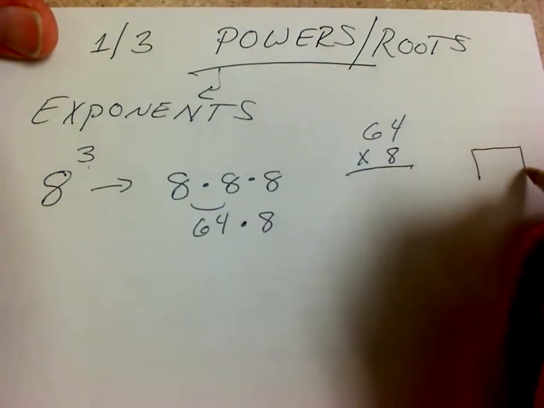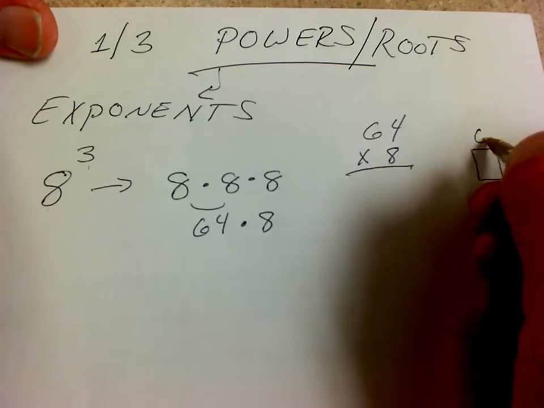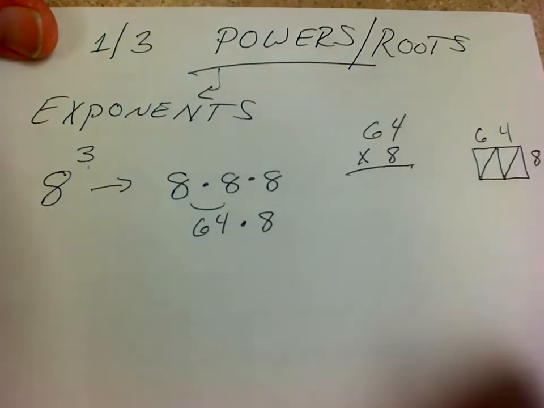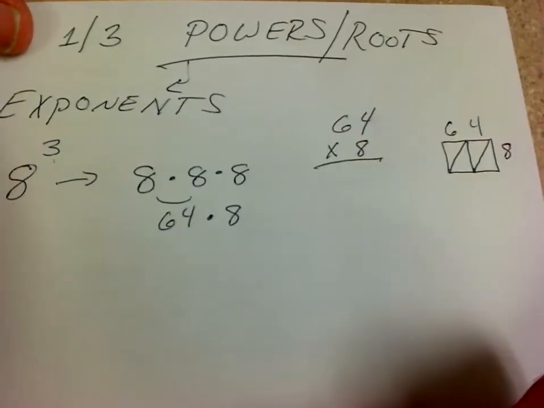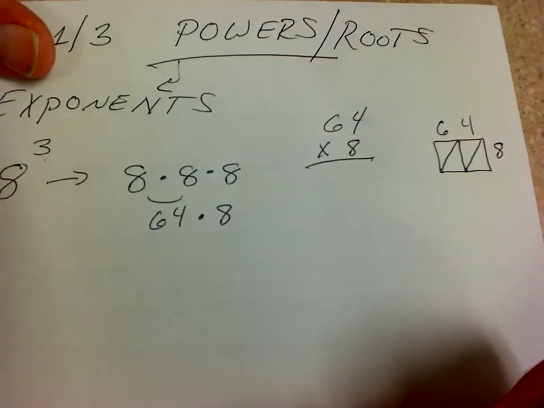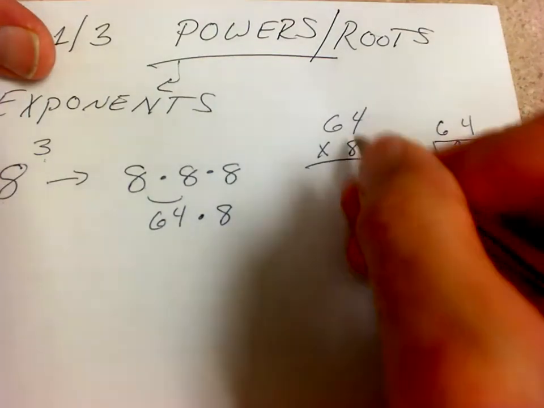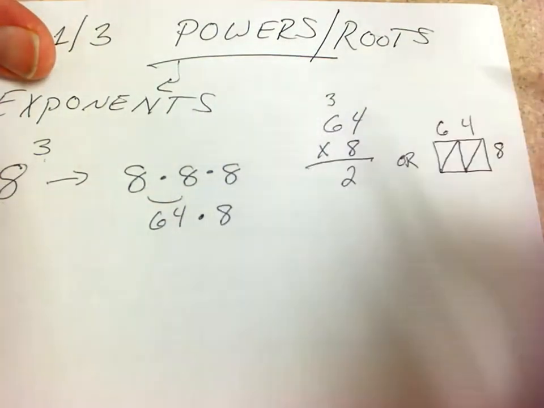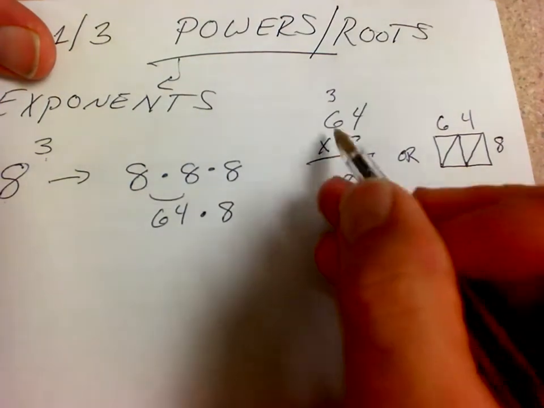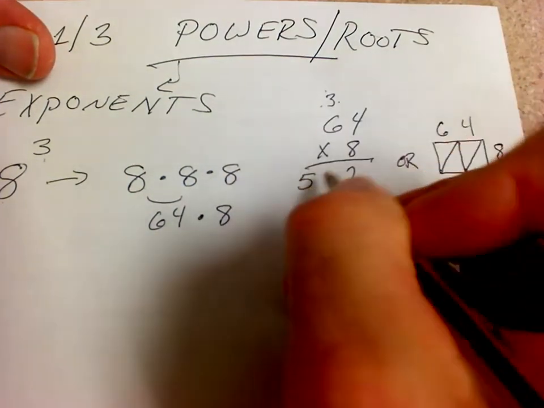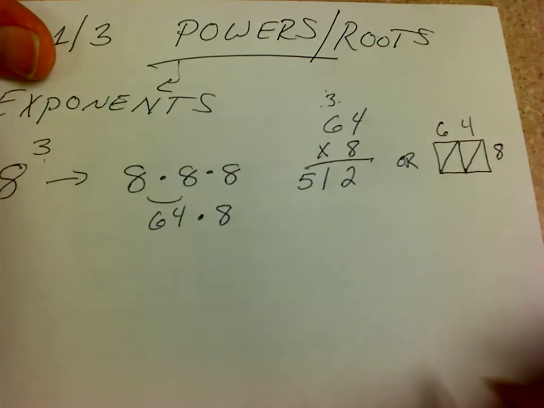For those of you that are fans, lattice multiplication would be completely acceptable. Either one of these versions you can do. 8 times 4 is 32, carry the 3. 8 times 6 is 48, 49, 50, 51, 512.